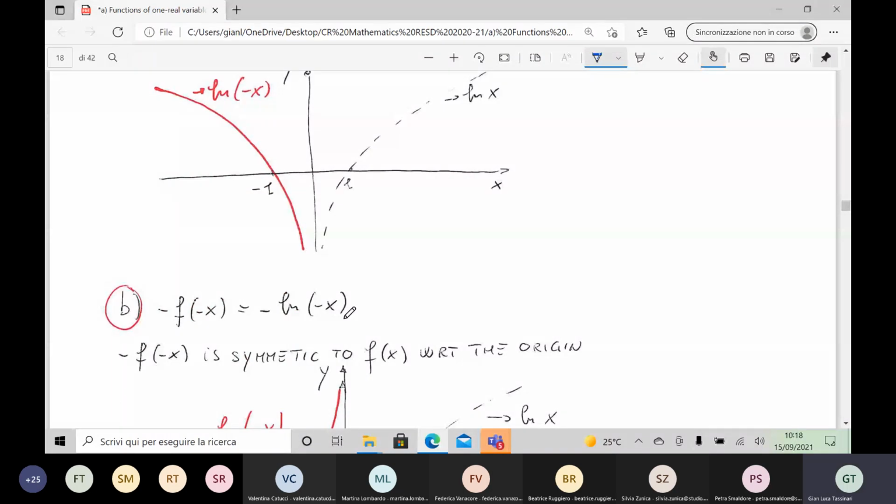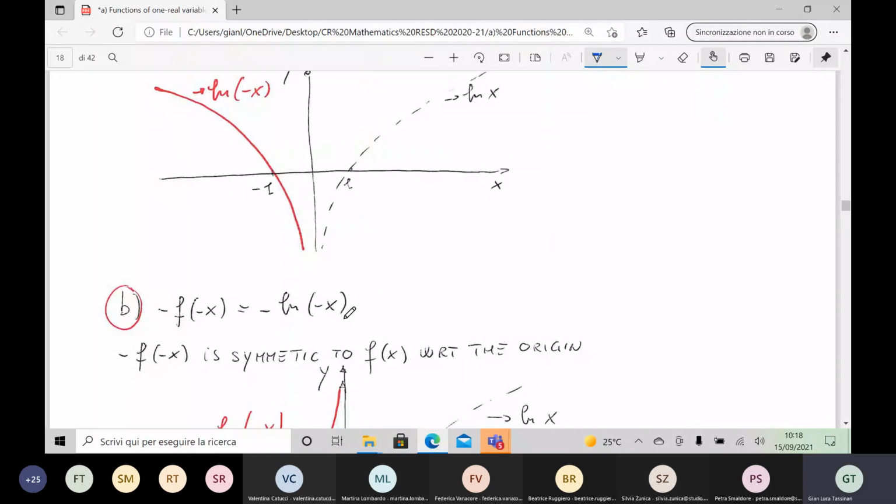Guys, we did it so many times, but here it is in a different context. What is the relation? We saw that a function is symmetric with respect to the origin if and only if minus f of minus x is equal to f of x.